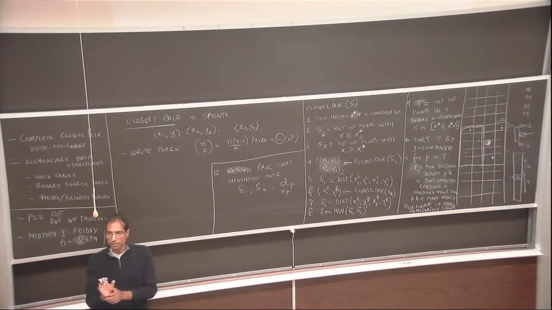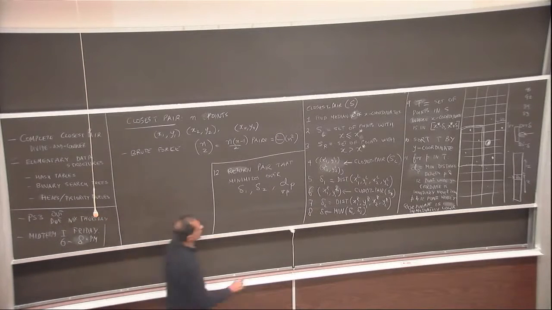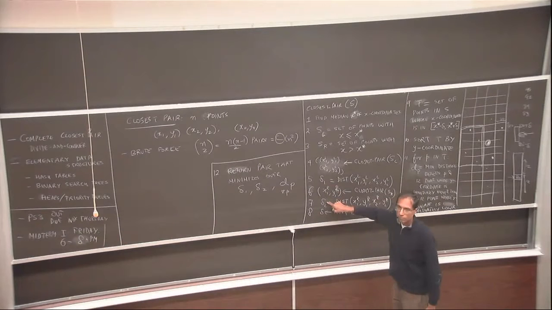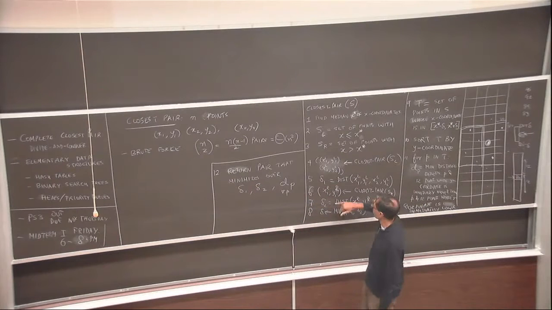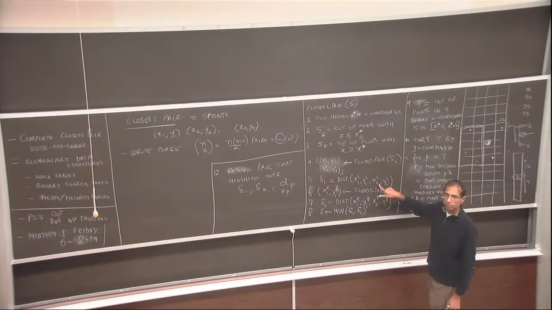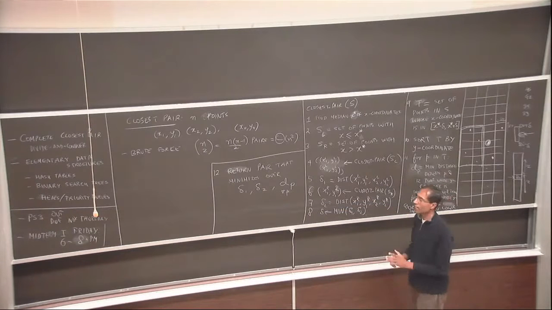Isn't delta the minimum? Yes, so delta was the smaller of delta 1 and delta 2. So do you need delta 1 and delta 2? Well, you could have written delta instead of this. This is fine. The only reason I wrote delta 1 and delta 2 is because we also need the points. If it is delta 1, then we have to return these two points. If it's delta 2, then you have to return these 2 points. But if you only have to return the distance, then I could just say minimum.